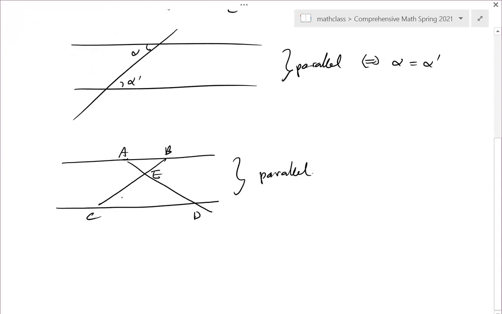Well, this angle should be equal to that angle, so these two angles must be the same, gamma equals gamma. A corresponds to D, B corresponds to C. So the triangle ABE is similar to the triangle DCE.